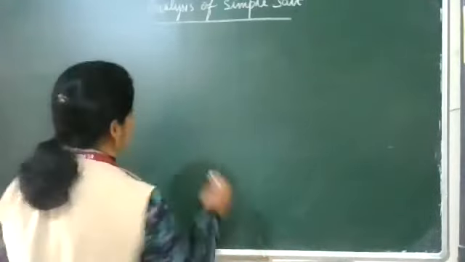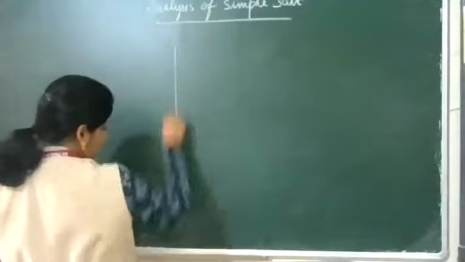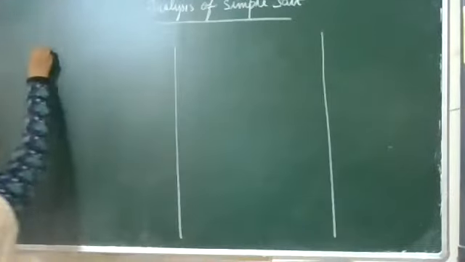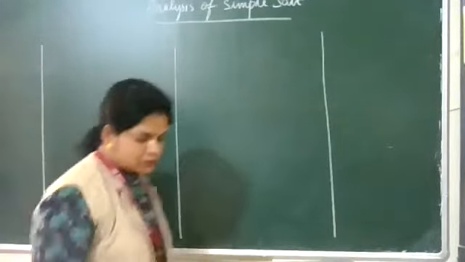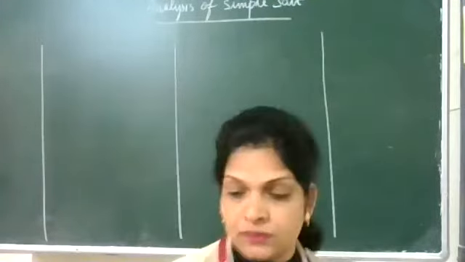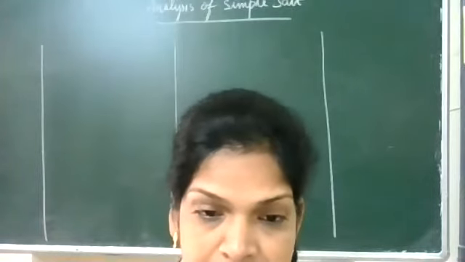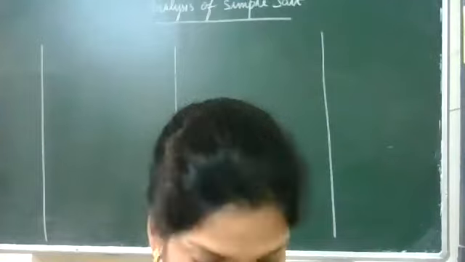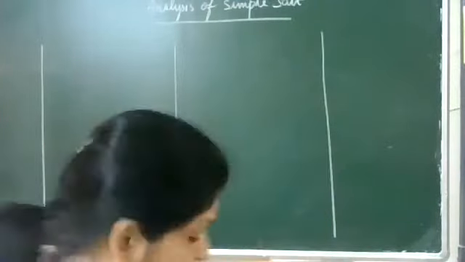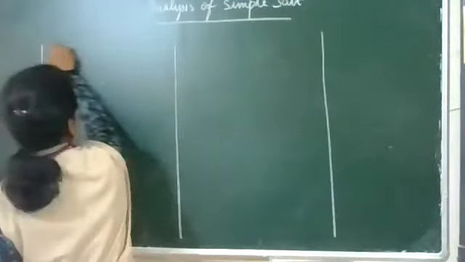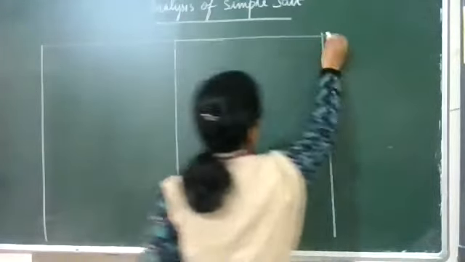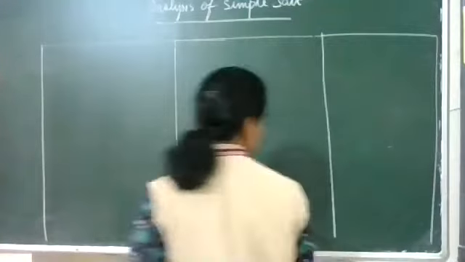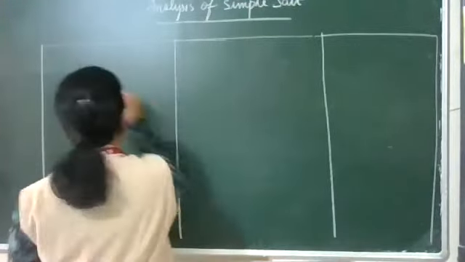You know that we put three columns. Last year you wrote in your copy the scheme for analysis, no? You have written color and appearance like that. So three columns.